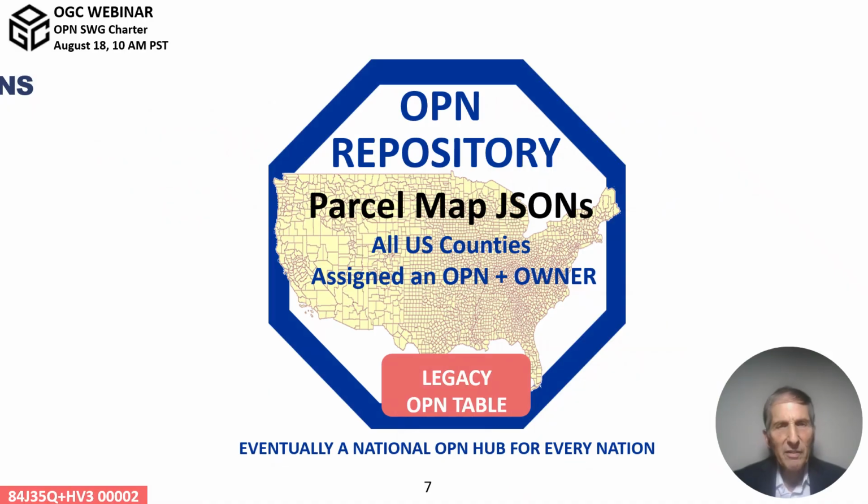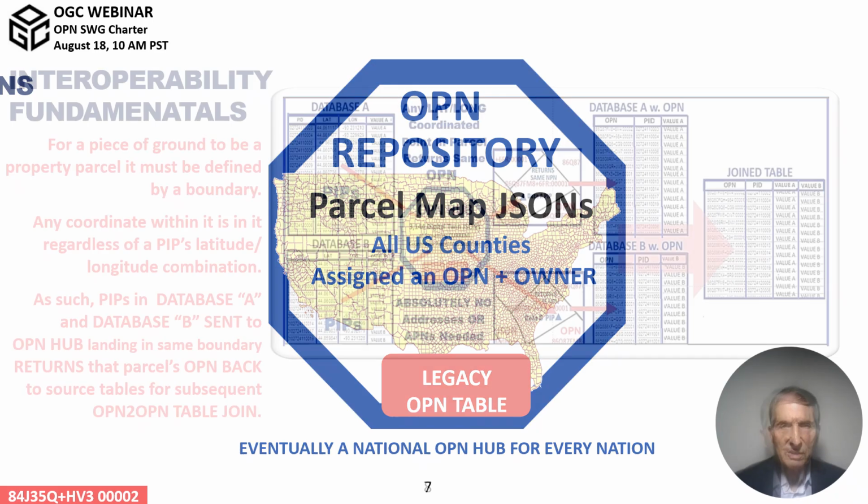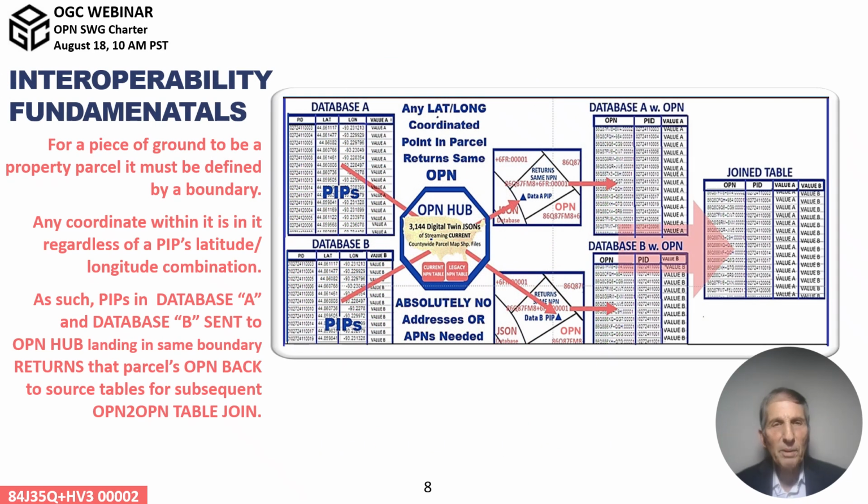At the center of OPN operations is the OPN repository, made up of parcel map JSONs of every county, supported by a legacy OPN table, eventually one for every nation. UCPI interoperability fundamentals. For a piece of ground to be a property parcel, it must be defined by a boundary.